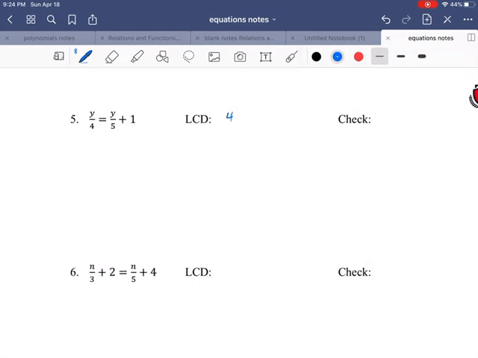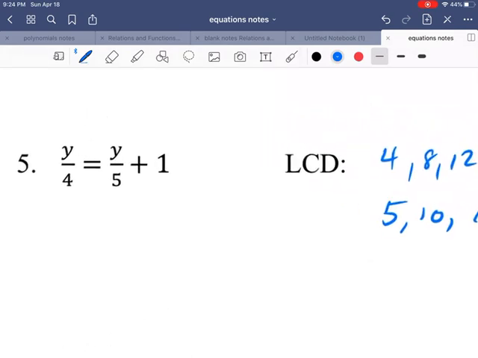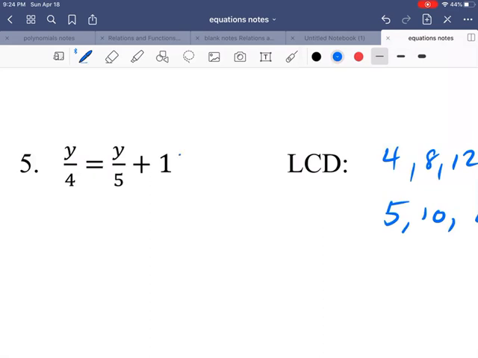All right, lowest common denominator, 4, 8, 12, 16, 20, 24, 5, 10, 15, 20. There it is, 20 and 20. So we're going to multiply everything by 20. Not just the stuff with fractions, but also the constants. So we're multiplying this by 20, that by 20, and 1 by 20.